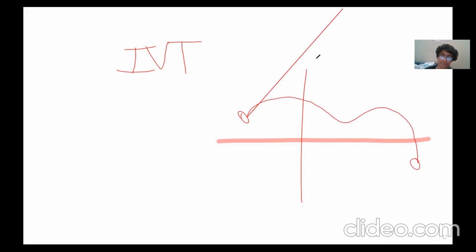So when you see this, it doesn't have anything to do with the derivative. All you have to know is that if this is A, this is B, it has to be continuous from A to B. If it's not continuous, you can break it. Literally, you can break it.